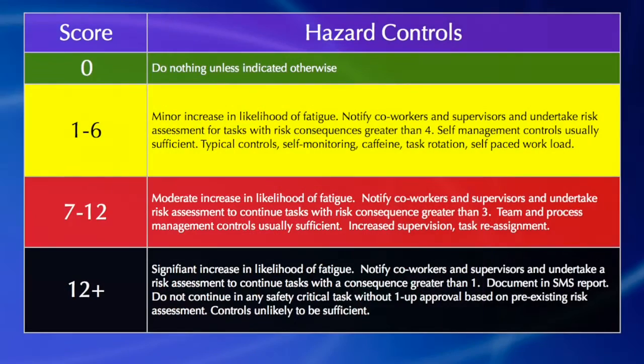So if you look at those yellow, red and black bands on the screens, you will see a number of pre-agreed controls. Now, these controls are taken from an example organisation, and as I said before, both the scores associated with the bands and the controls will be organisation specific.